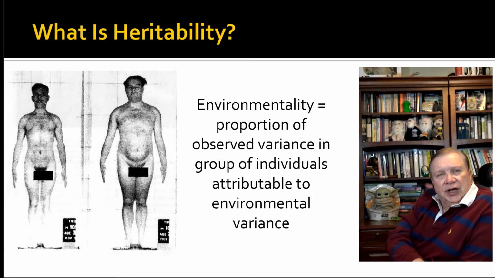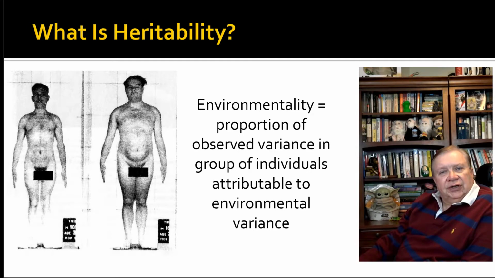Could be a drought, could be a famine, could be just human nastiness, as opposed to the man on the right who's probably had many opportunities. At least he was extremely well nourished. So heritability, very interesting question.